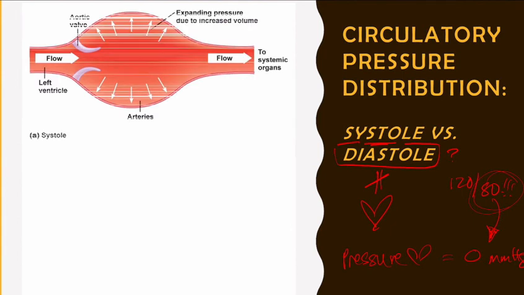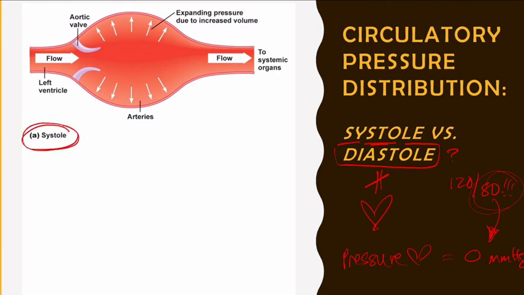Let's go back to the PowerPoint slide, and I just want to show you this in more textbook images because I think that works better for some students. So here you can see the phenomenon in the blood vessel during systole. The left ventricle is driving blood into the system. It's creating forward flow to deliver blood right to our systemic organs.